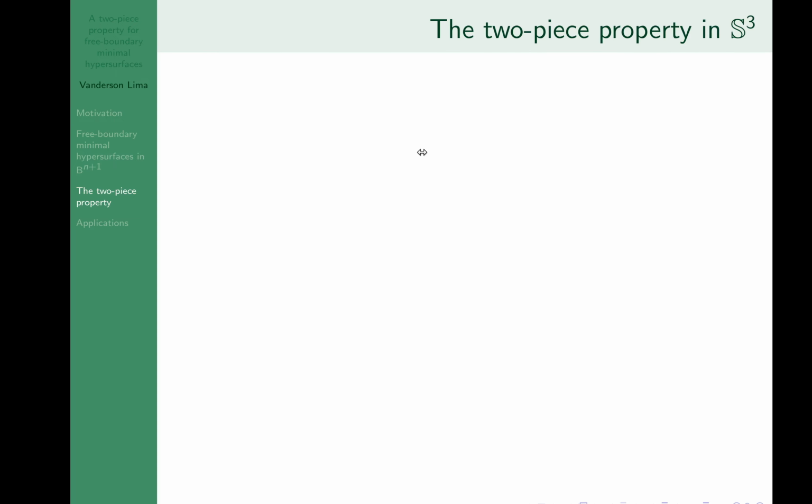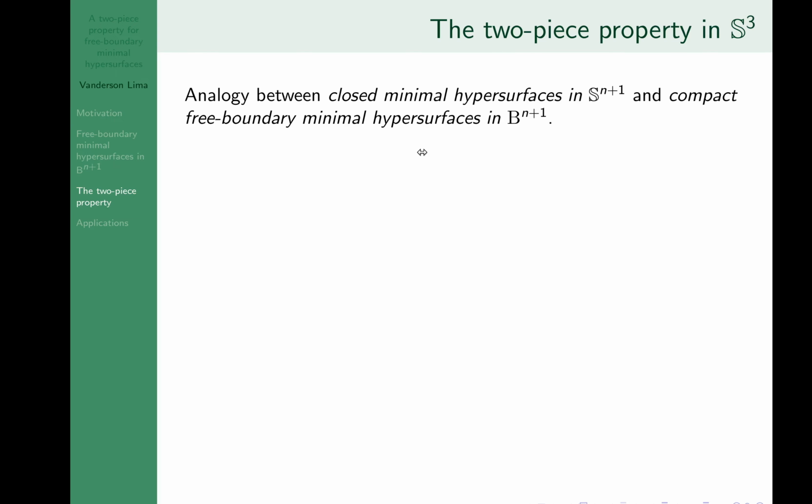Before I start talking about the two-piece property, let me observe that there is an analogy between closed minimal hypersurfaces on the round sphere and compact free boundary minimal hypersurfaces on the Euclidean ball of the same dimension as the sphere.